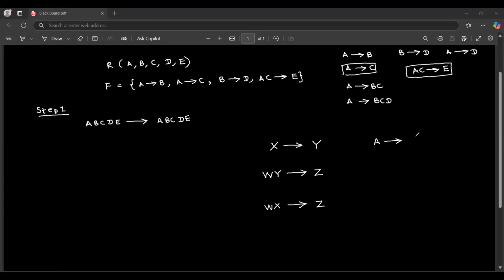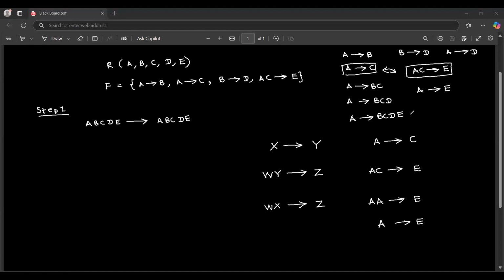A functionally determines C, and AC functionally determines E. So we can say AA functionally determines E. AA is nothing but A. So A functionally determines E. So by applying pseudo transitivity, we can say A functionally determines E, which means A functionally determines B, C, D, E.